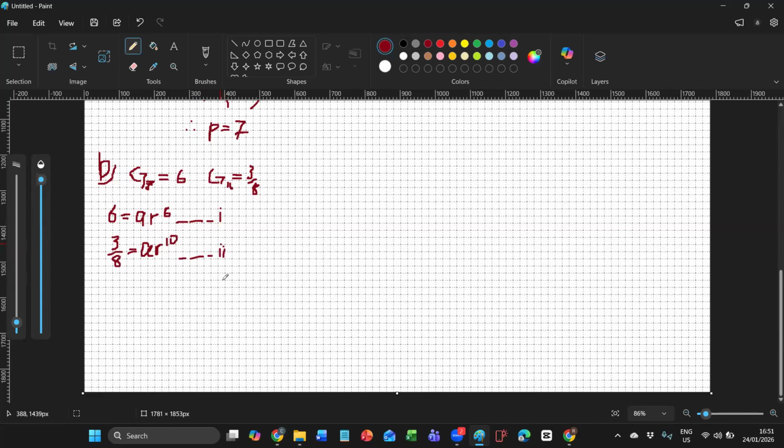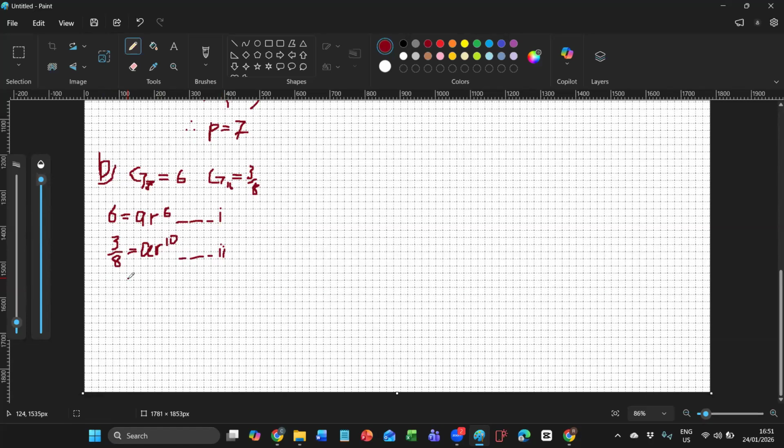Okay, so initially I said something about simultaneous equations, and yes, I think we can see that this is actually a true case of simultaneous equations, where two equations are true at the same time. Typically, whenever you have arithmetic sequences, because there's plus and minus involved, it's usually the elimination method by subtracting.